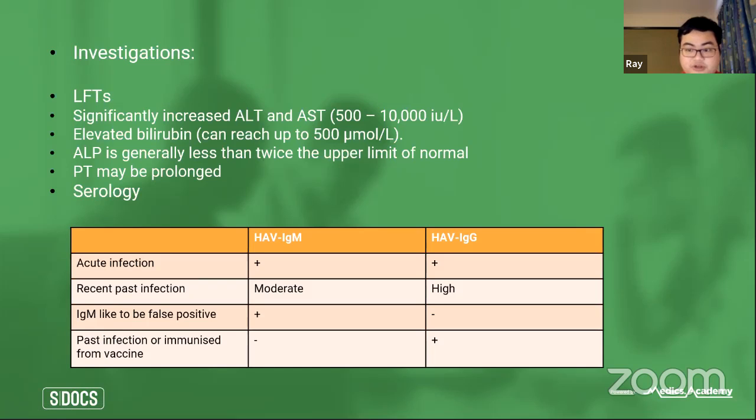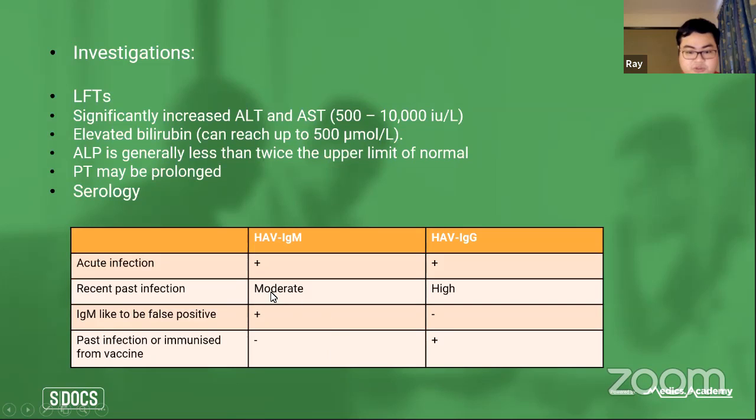If you're familiar with your immunology, you will remember that IgM is the antibody that's secreted first in an infection, which is why in an acute infection, you would have IgM, okay? If you have both positive IgM and IgG, then you have an acute infection. A moderate amount of IgM and high IgG will indicate a recent past infection, okay?